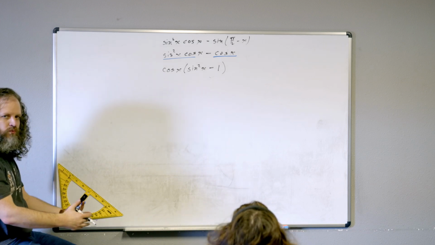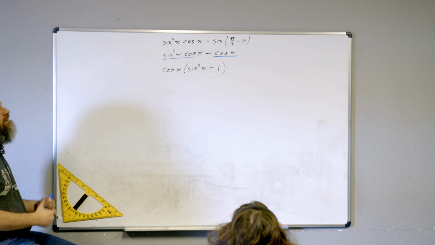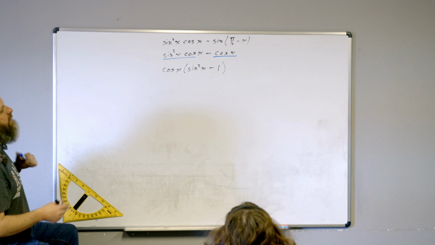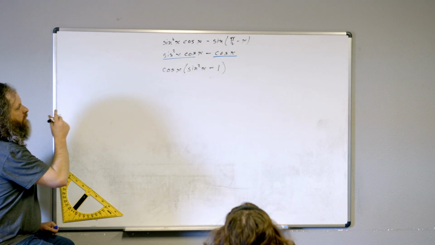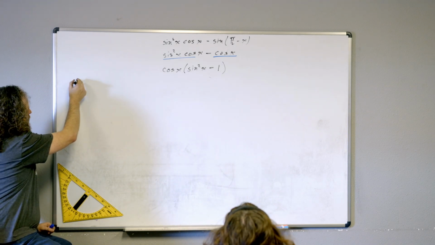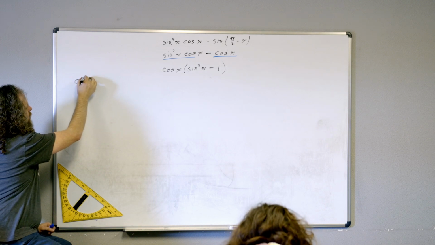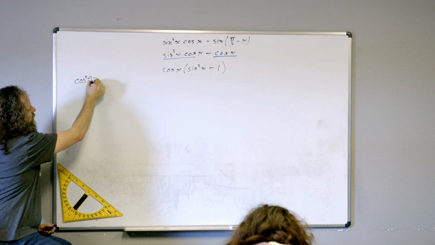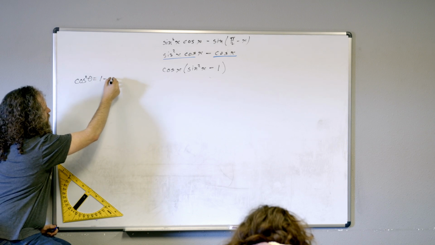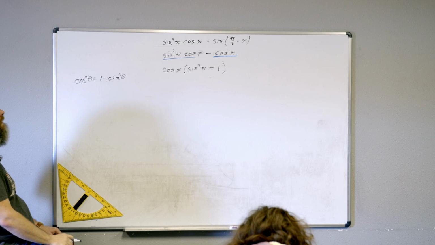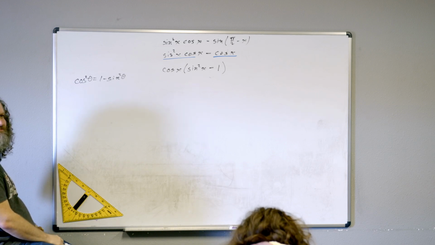So, what group of identities are we probably looking at? Pythagorean. Sine squared plus cosine squared equals 1. If we solve that for cosine squared, it ends up being cosine squared equals 1 minus sine squared. We kind of already saw that. That doesn't quite match though. So could we force it to match somehow?